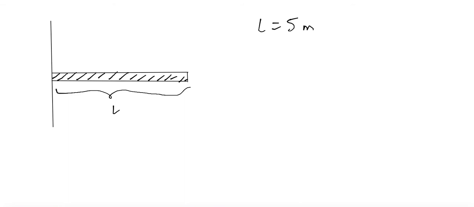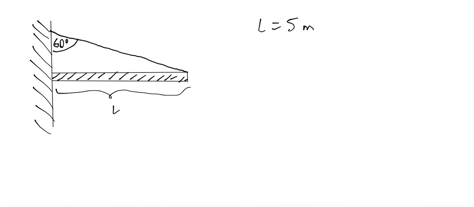Let's imagine that there is a kind of a bridge, which has a wooden part like a rectangle, which has a length of, let's imagine here, L of 5 meters, which is hanged by a chain here, which makes angle of 60 degrees to the vertical wall.